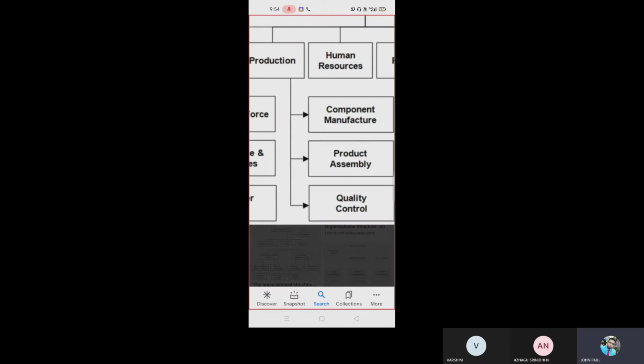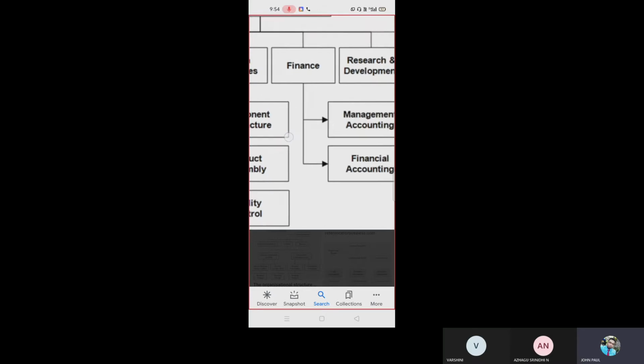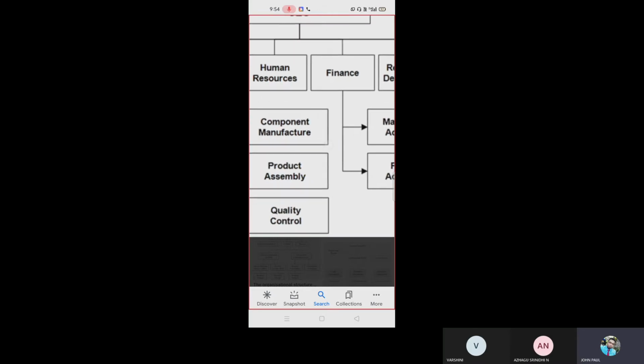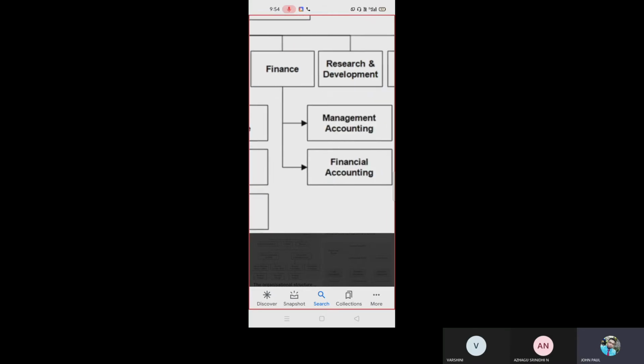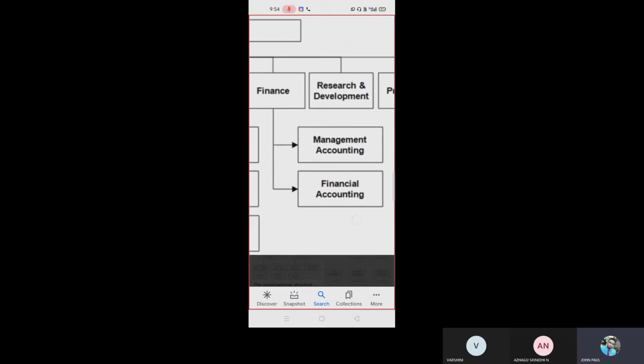Component manufacturer, product assembly, quality control. These people come under the production department. Then HR department, only 2 or 3 members is enough. Finance, we need accounting, that is management accounting and financial accounting persons. Then research and development, they have a separate department and a different wing. So all these things come under organization structure. Have you got my point, guys?